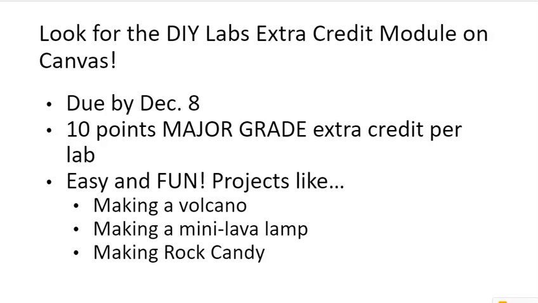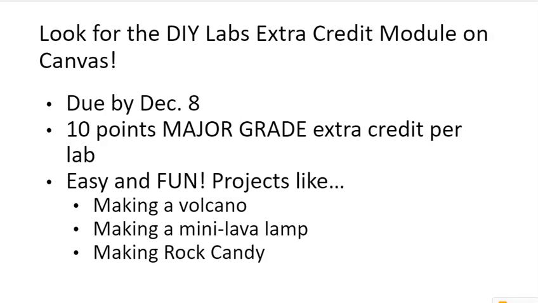These are fun hands-on assignments, and all you have to do is post a picture or video of yourself on the Flipgrid. If you need any more information on that, look on that Canvas page and get in touch with your teacher. So, fun way to earn some extra points.